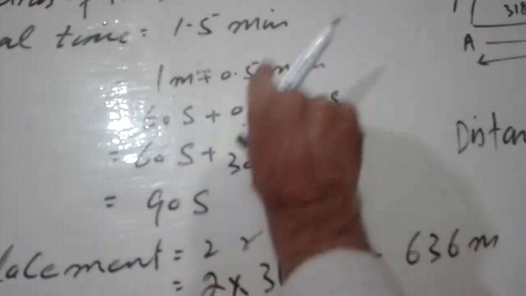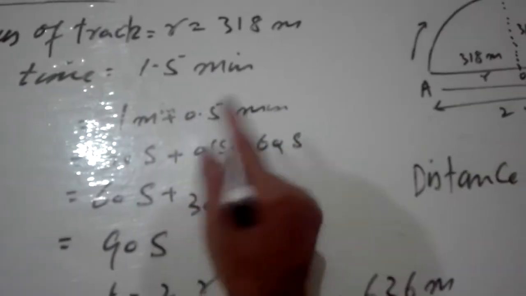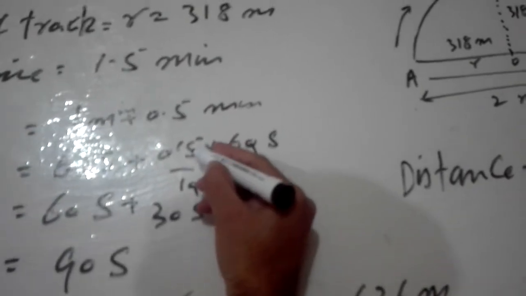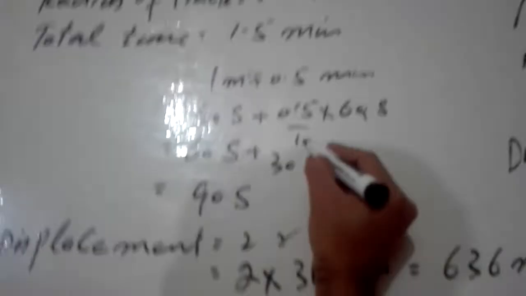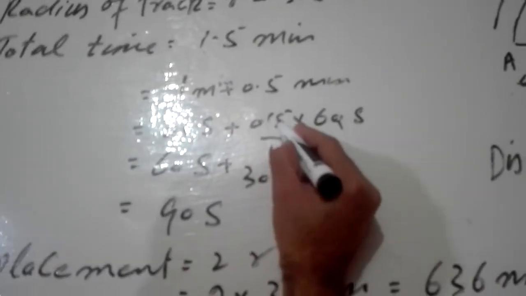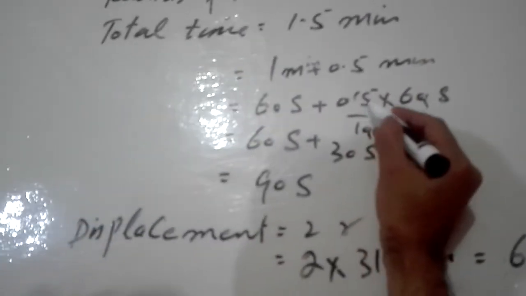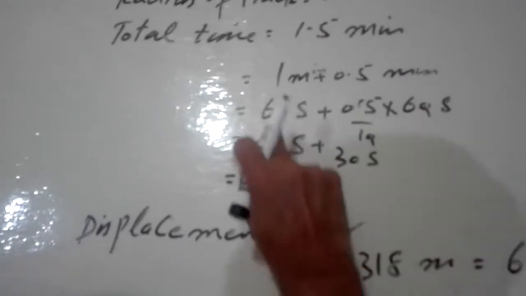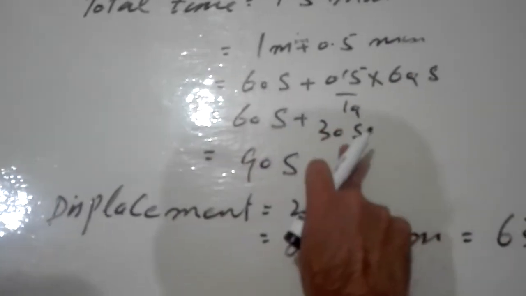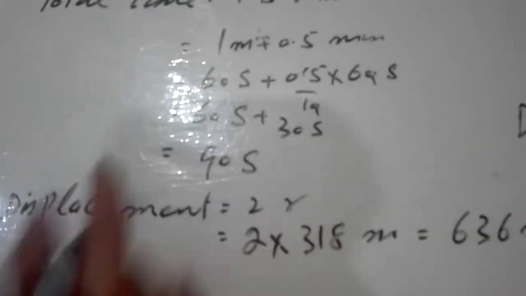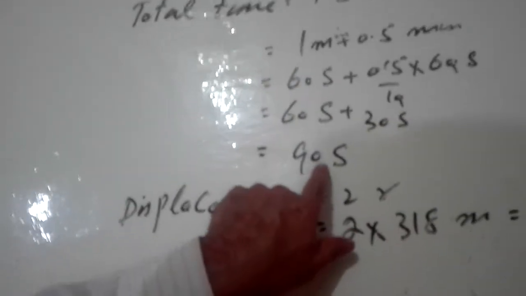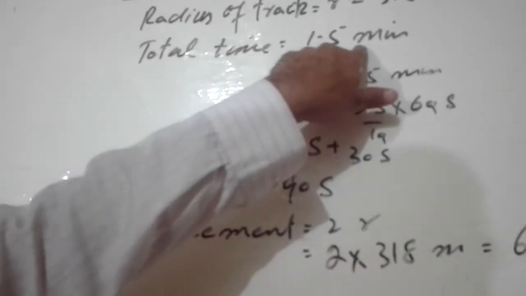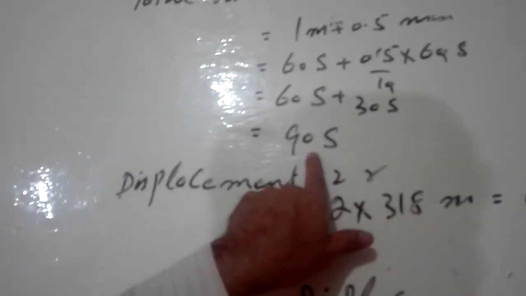When we skip this point, we will write here 1, and in place of 5 we'll write 0. Now if you simplify, 0 cancels with this 0, so 5 remains. When you multiply 5 with 6, the answer is 30. So here is 60 seconds and here is 30 seconds. When you add these two, 60 plus 30, you get 90 seconds. So now I have converted the whole time, which was in minutes, into seconds, that is 90 seconds.